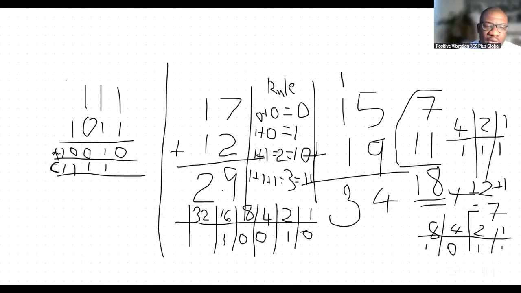So the next thing that we do, we need to multiply upwards, right? So 1 times 16 would give us? 16. Here, 0 times 8 is 0, right? Yes, sir. I'm not bothered to write that because 0 does not change the price. 0 times 4 also gives me 0, good.